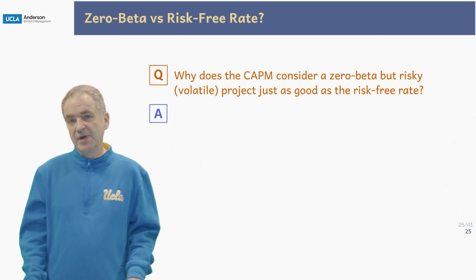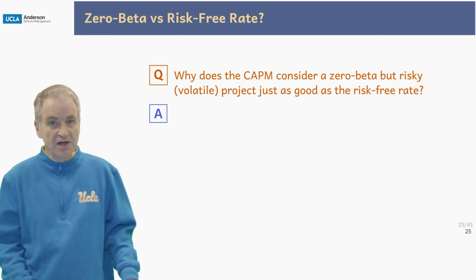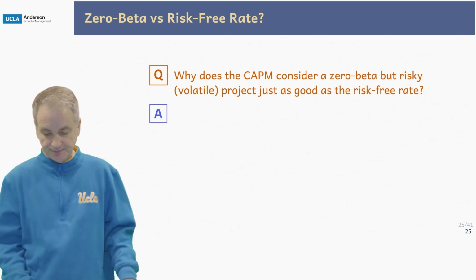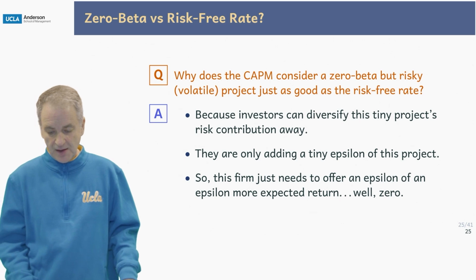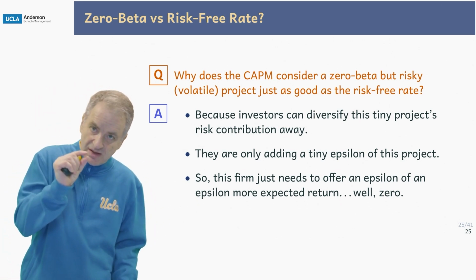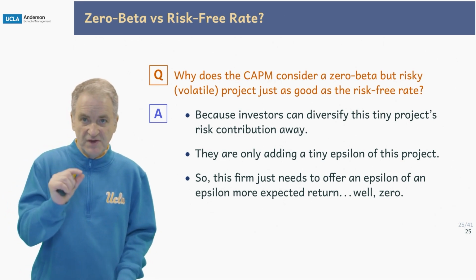Why does the CAPM consider a zero beta but risky volatile project just as good as a risk-free rate? Please pause this video now, answer the question on a piece of paper, and then continue. The answer is because it is such a tiny, tiny contribution to the portfolio of the investors.